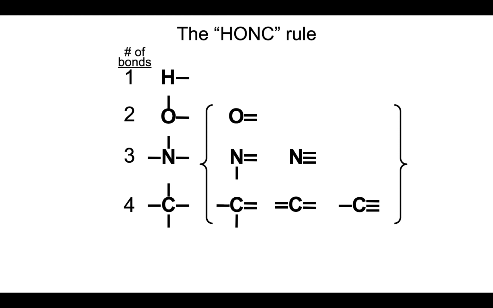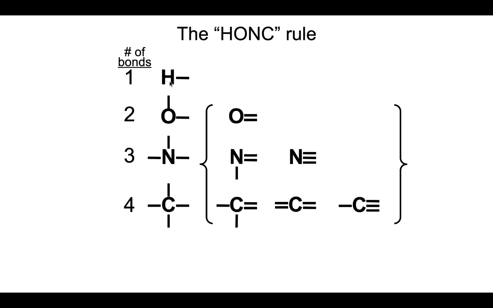So let's compare that to some of the other elements that are extremely common in life: hydrogens, oxygens, and nitrogens. And what we have is the HONC rule here. HONC, H-O-N-C. What the HONC rule tells us is how many covalent bonds each one of these atoms can be involved in.